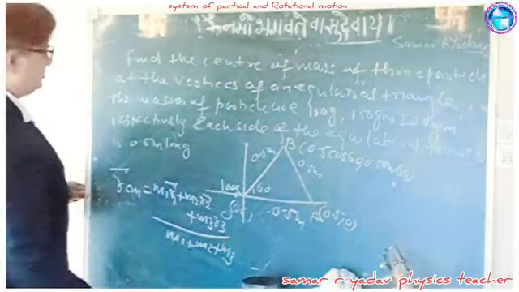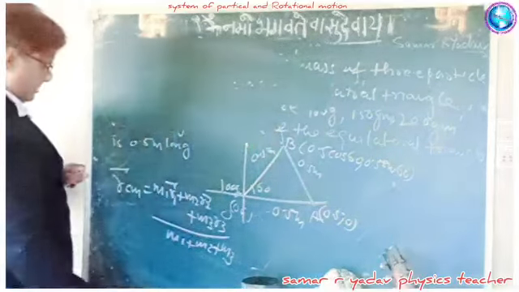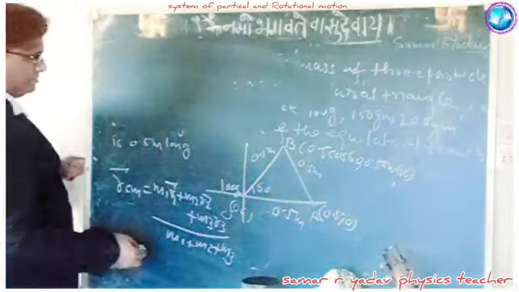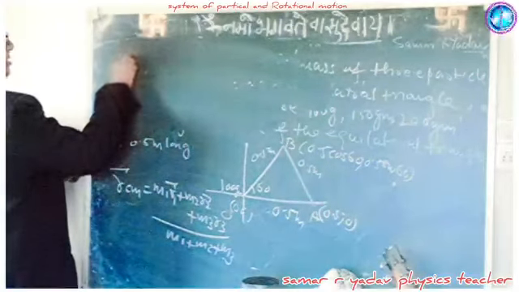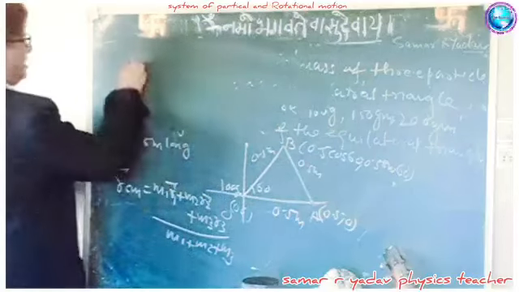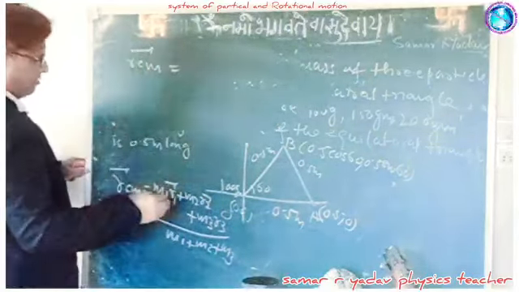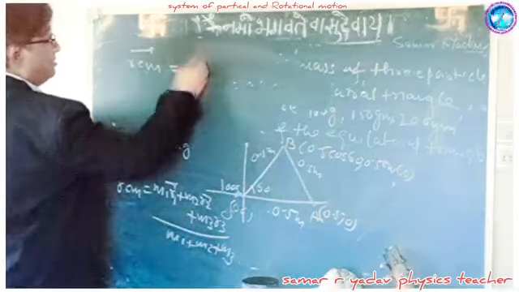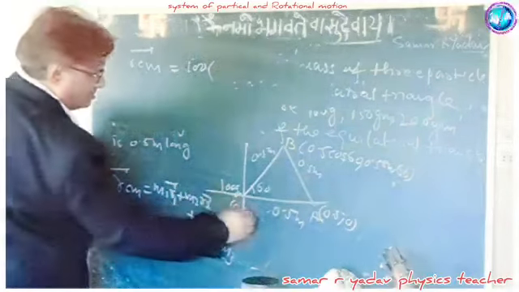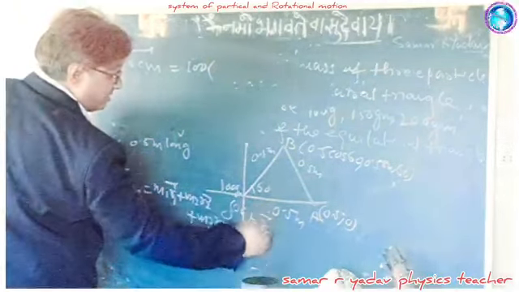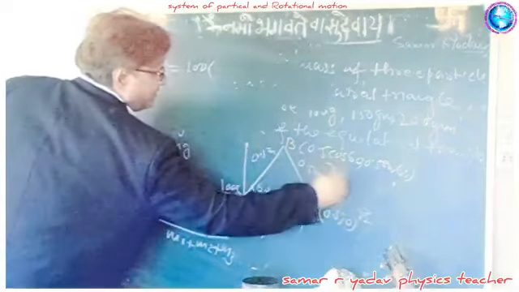Therefore, R_CM in the xy plane, we can write R_CM is equal to M1, that is 100, into R1, the position vector R1, this is R2 and this is R3.